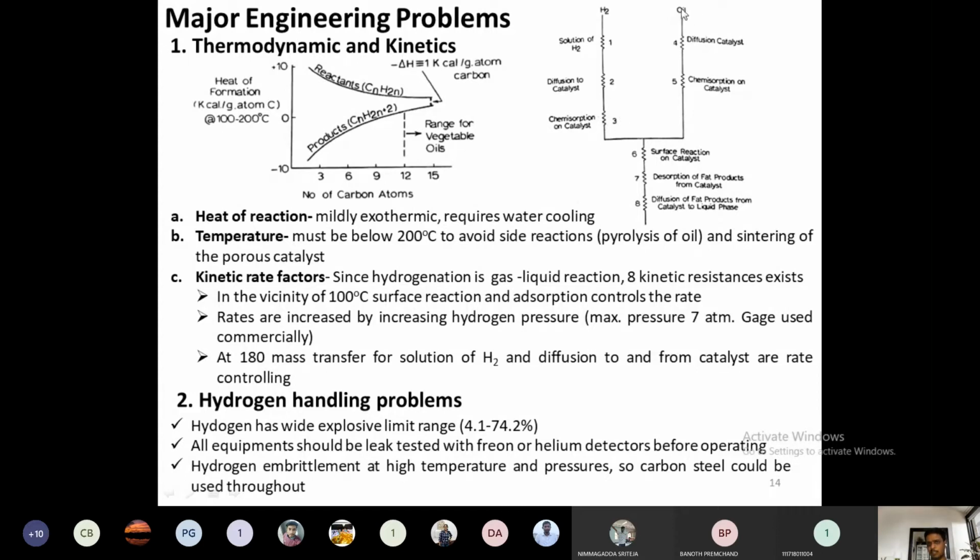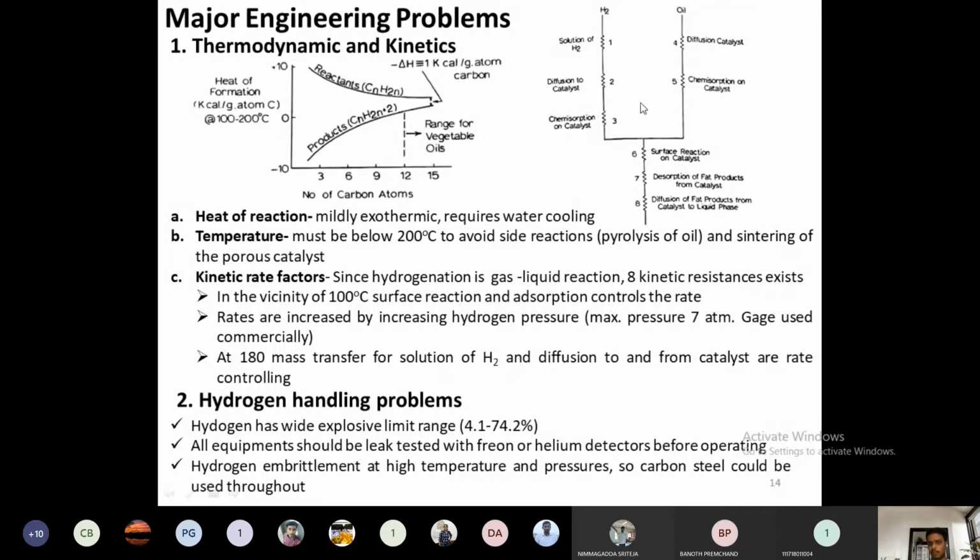And the fourth one is the oil diffusing into the catalyst surface. So this will be a fourth resistance. Then this oil, when diffused inside, will not remain in a diffused state. It will chemisorb on the active site of the catalyst. In order to chemisorb or adsorb on the active site, it will offer one resistance. It is categorized as the fifth resistance.